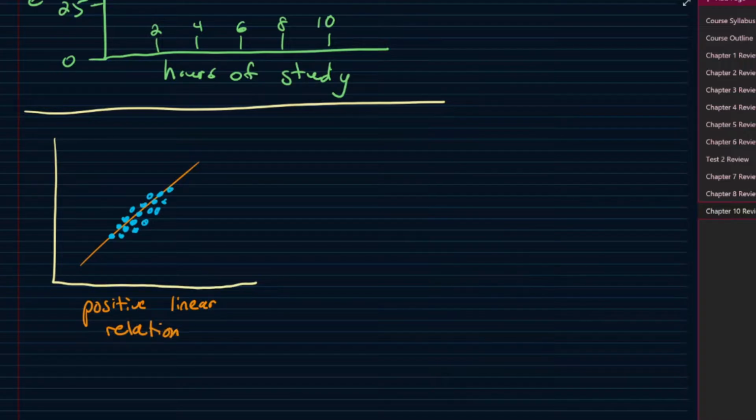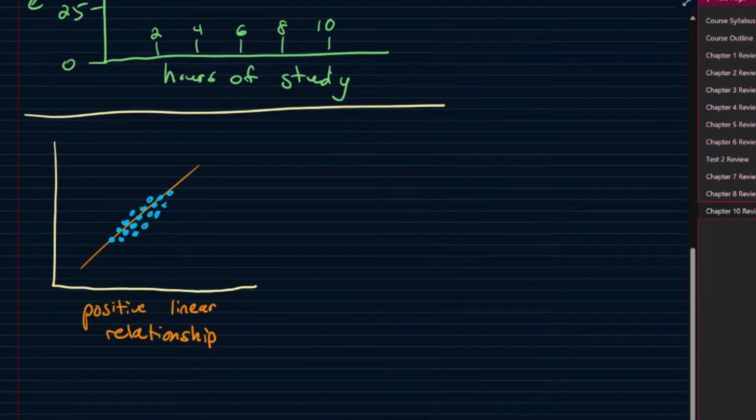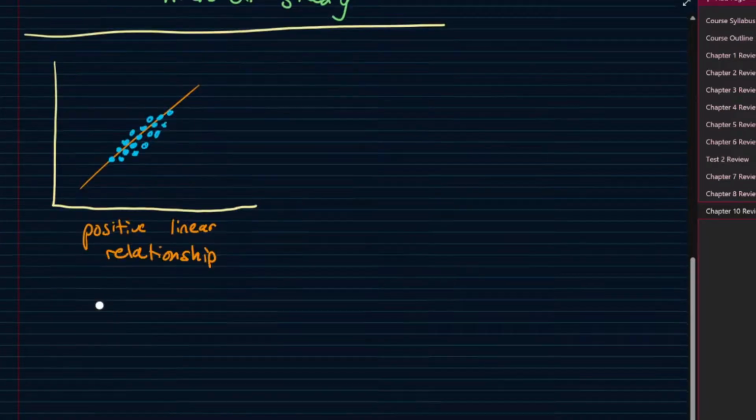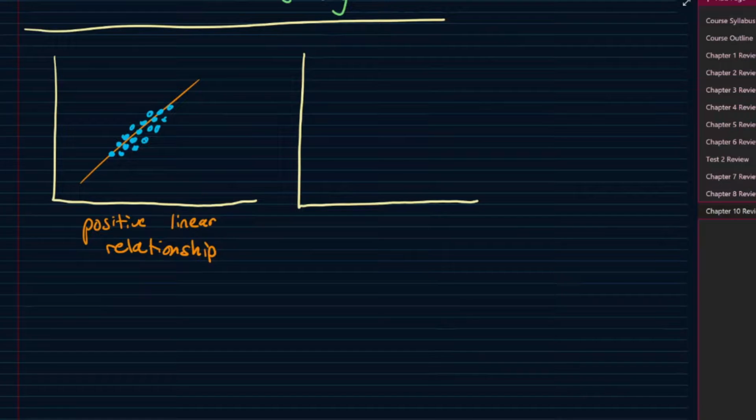Similar to the example that we just did, the best fit there did show a positive linear relationship. So this is one example of what we can see when seeing if variables are correlated to each other or not. This means that an increase in the x value shows on average an increase in the y value.